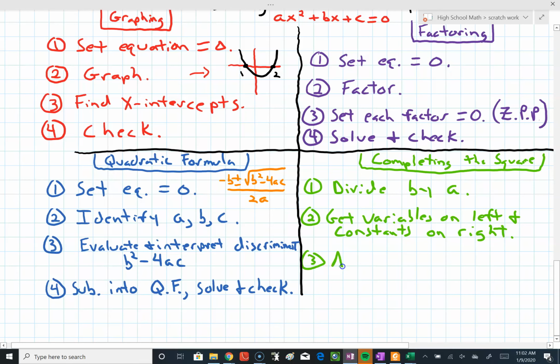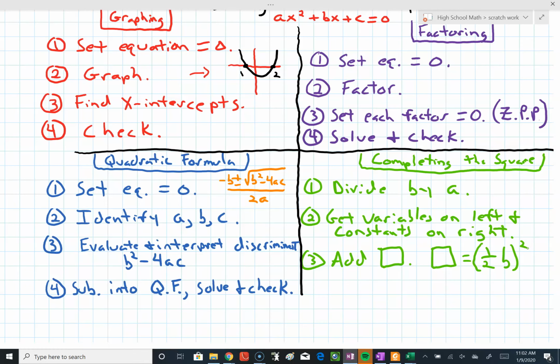Next step, we're going to add the box number. Where the box number is (1/2 of b) squared. Recall we can take half of any fraction by doubling the denominator. Half of any number in that, actually, if you consider the denominator of a whole number is 1.